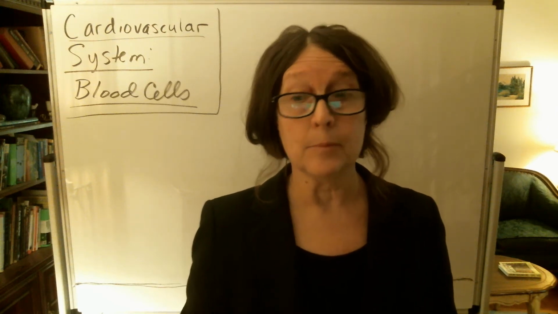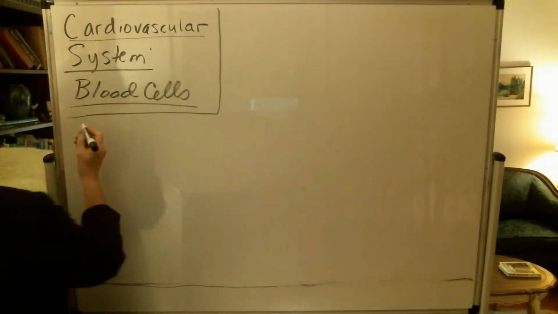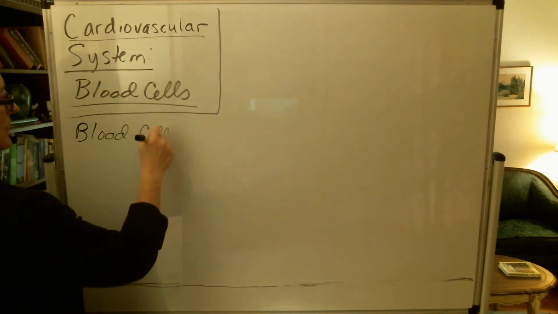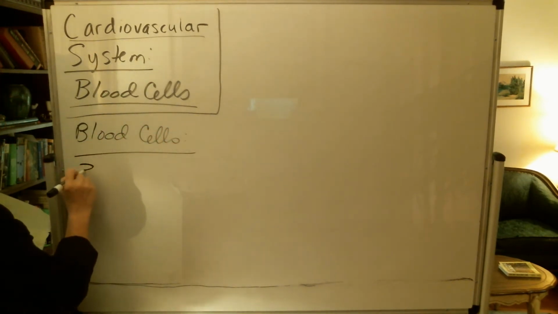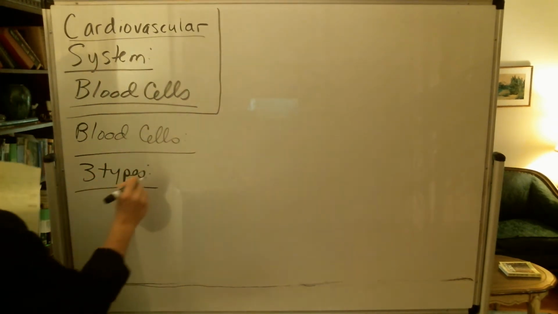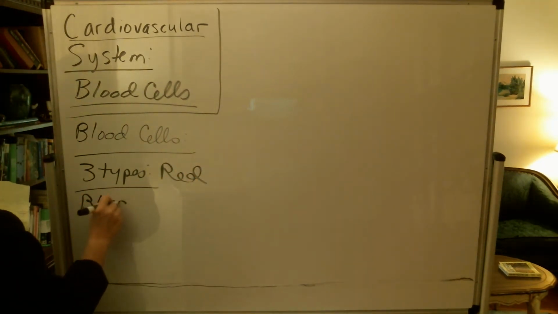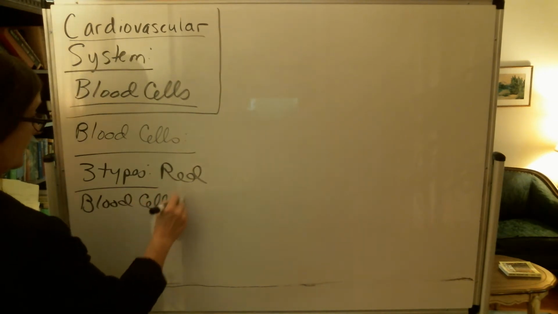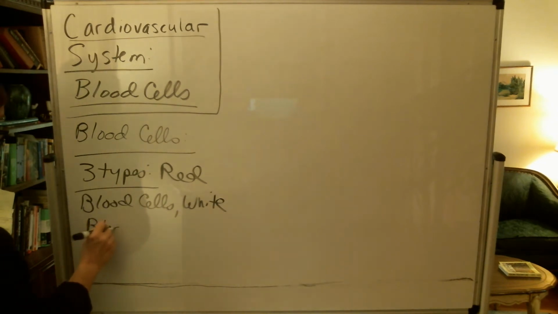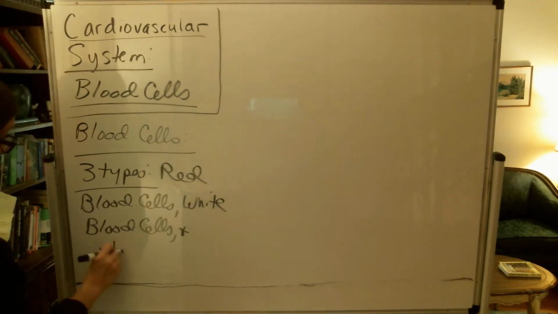This lecture is on blood cells. As I've told you before, with blood cells, then you have three types, and they are red blood cells, white blood cells, and platelets.